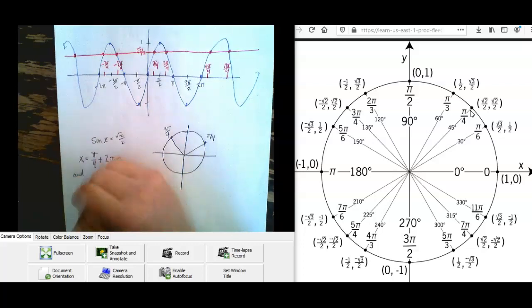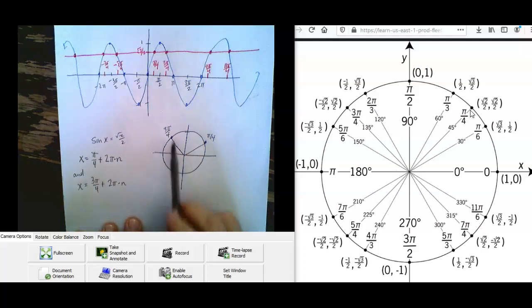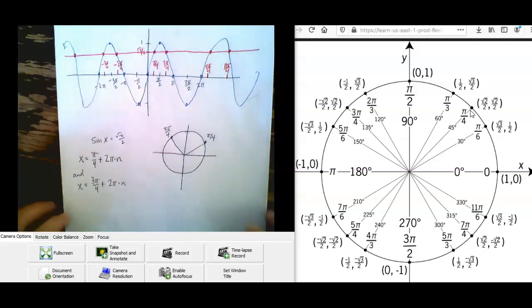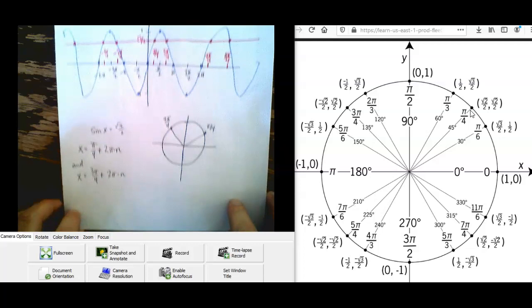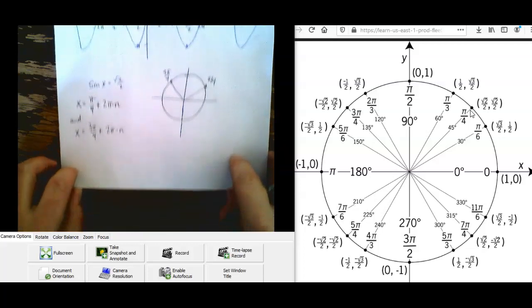And x will equal 3 pi over 4 plus 2 pi times n as well, right? So for here, another solution occurs 2 pi units away after 1 whole revolution, okay? So this is the basis of what we're trying to do here.